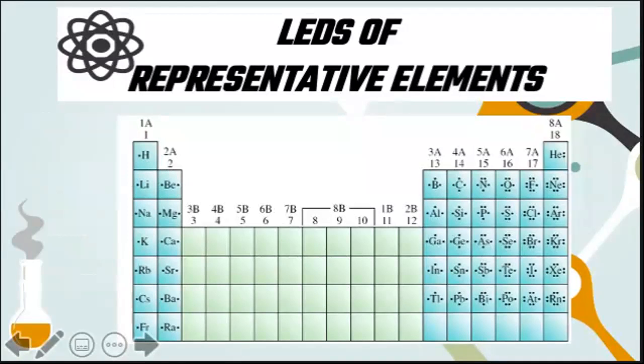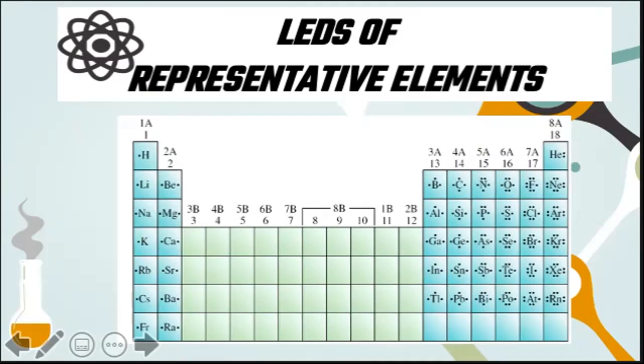So take a look at the Lewis electron dot structure of all group 1. What do you see? Chemical symbols, and then 1 dot because group 1 has 1 valence electron. Chemical symbols for group 2 with 2 dots because it has 2 valence electrons.